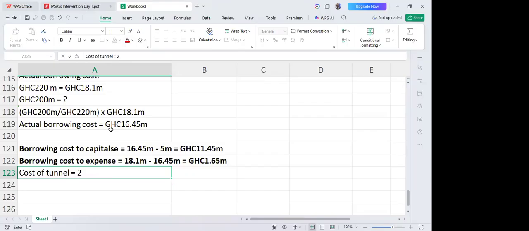That's good. So it's 200 million plus the borrowing cost to capitalize, which was 11.45 million. The resultant answer will be 211.45 million. If the question asks for the cost of the facility, this will be the answer.